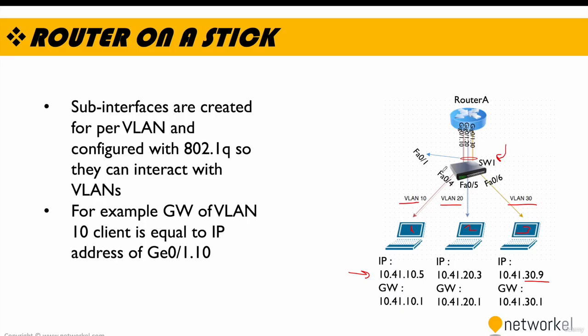But with the help of router on a stick, I am defining some sub-interfaces. One sub-interface named gig 0/1.10, which is the VLAN ID, another sub-interface gig 0/1.20 for this VLAN, and another gig 0/1.30. That will help us have communication between different VLANs.